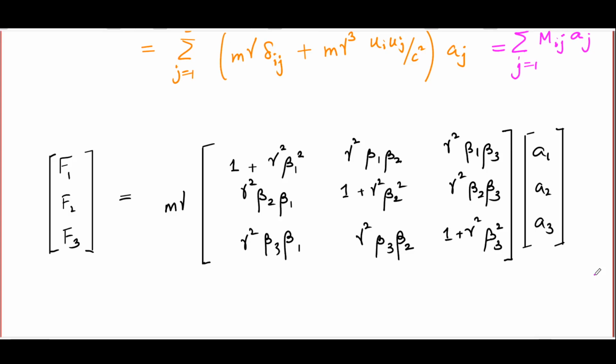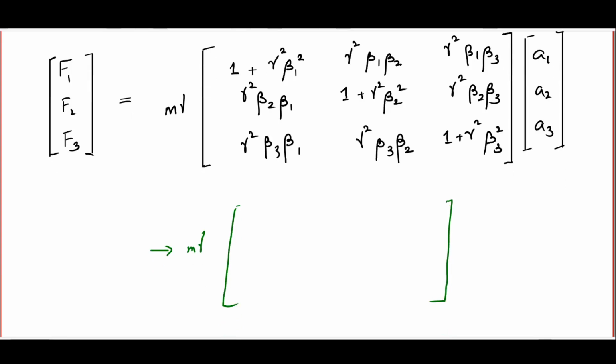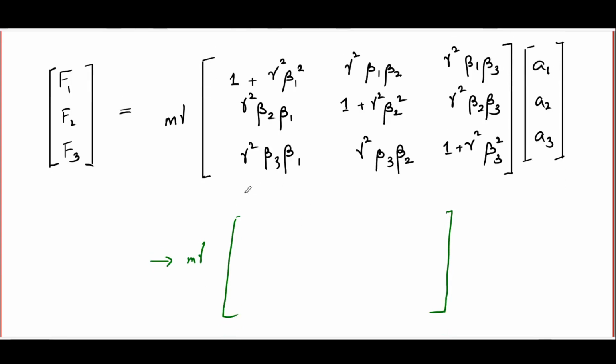So what I've done here is explicitly write down the form of this mass tensor. The form may look complicated, but we already know that is because we have written this down in an arbitrary coordinate system. For example, if we had chosen our coordinate system in such a way that the velocity of the particle were entirely along, say, the x-axis, then this matrix would simply look like the following.